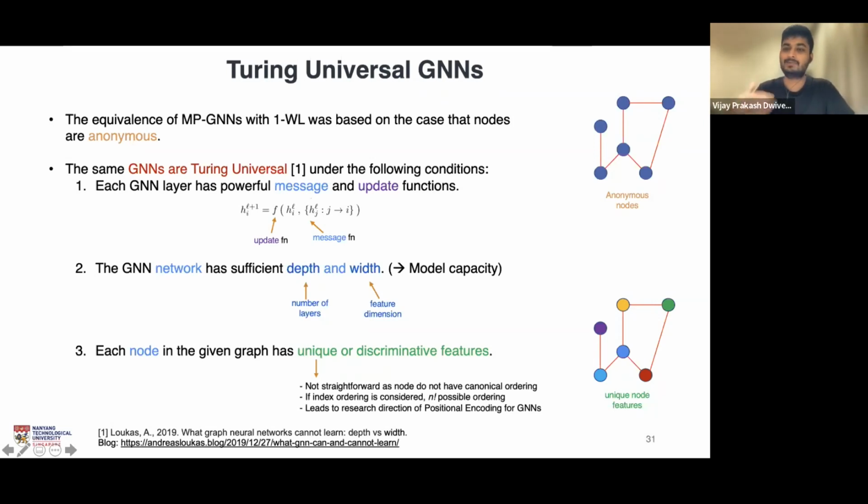So this leads to a research direction of positional encoding for GNNs. The Laplacian eigenvector is one example, and there are also several other works that have recently been done. The idea is to do a pre-computation based on some adjacency matrix count or substructure count and assign it as node features, so that it leads to unique features, and then some of these conditions can be justified to give a very powerful model.